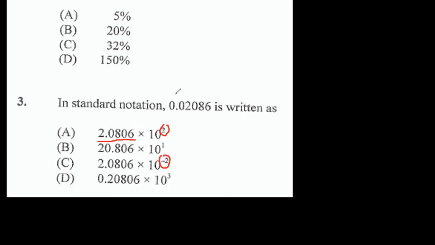Right? So chances are it's one of these. That usually happens. But also, if you look carefully, you can still eliminate because of 20.806, right? The number, even though it's written in standard form, should be the same value.